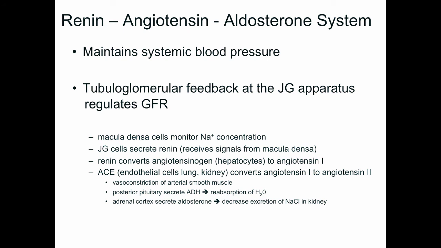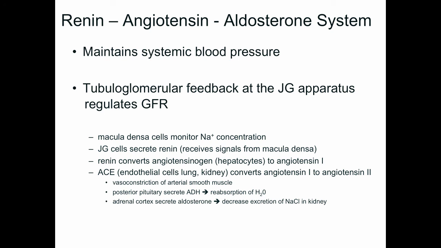Renin will convert angiotensinogen to angiotensin 1. Angiotensinogen is primarily secreted by hepatocytes, and then angiotensin converting enzyme, which is found in the endothelial cells of the lung and in the kidney, will convert angiotensin 1 to angiotensin 2. Angiotensin 2 is involved in vasoconstriction of arterial smooth muscle.